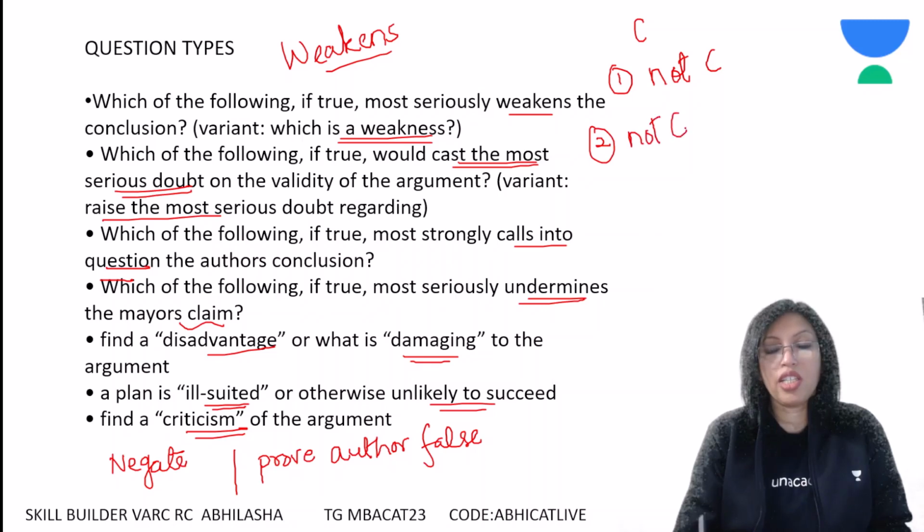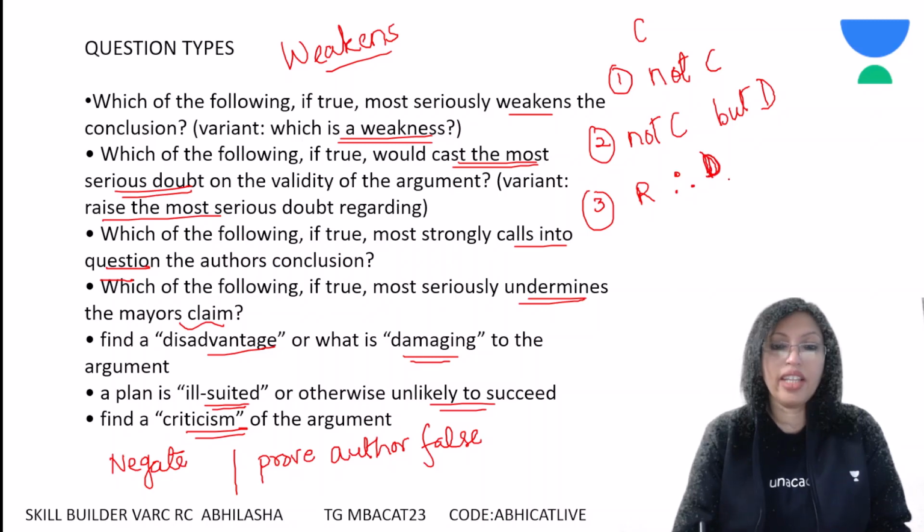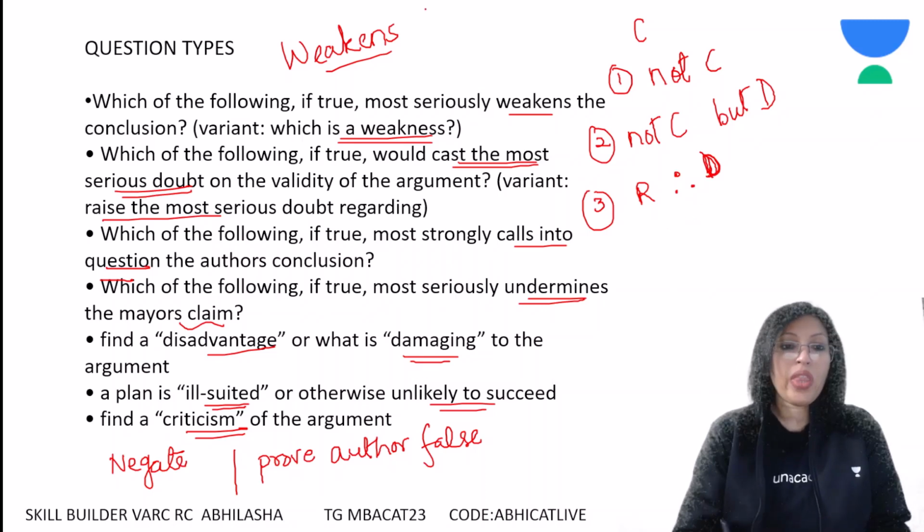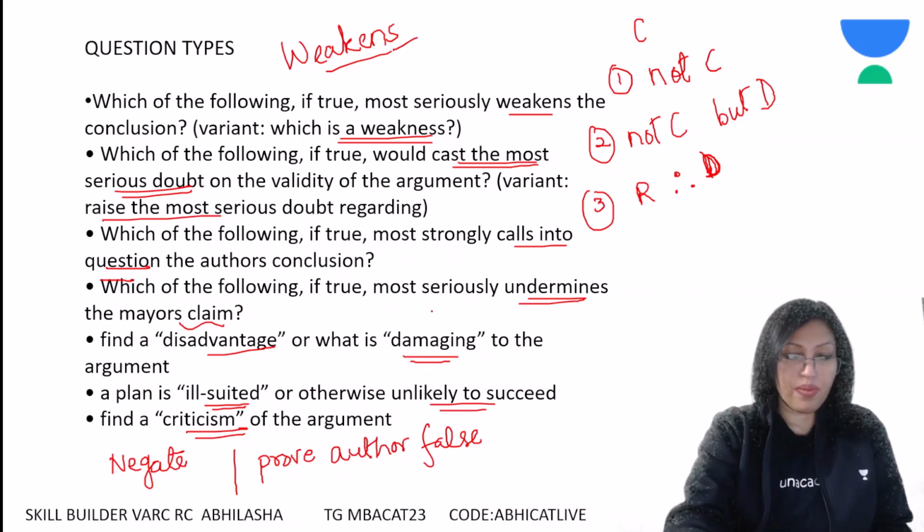So you can say not C, but D. Or you can say that reason is R and therefore D. So you give a reason for the other conclusion and say, hey, this is the reason, therefore C cannot be true, D will be. So that will also work. Okay. So these are the various ways you can weaken the author's conclusion.